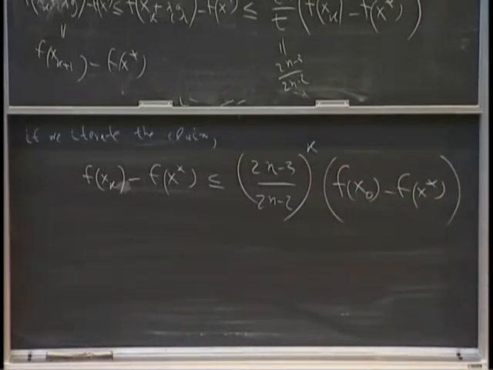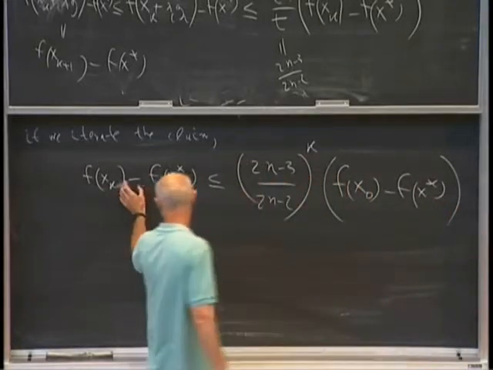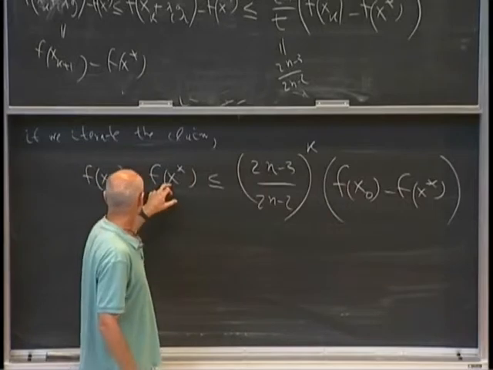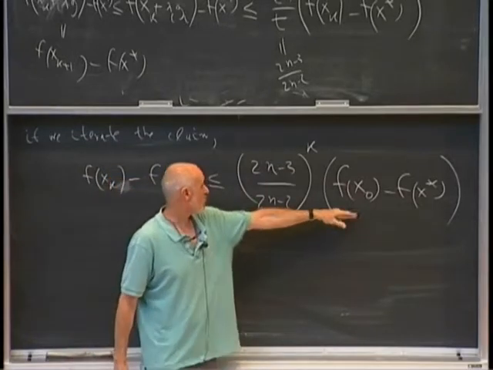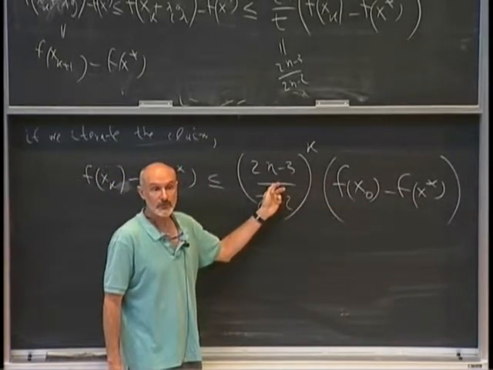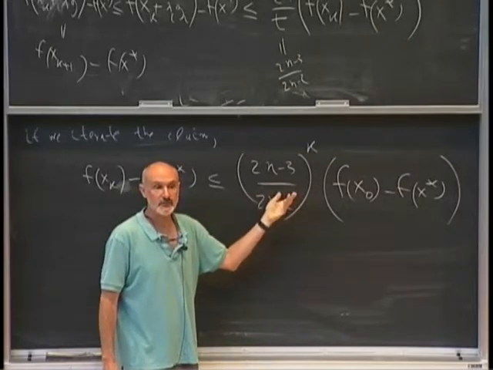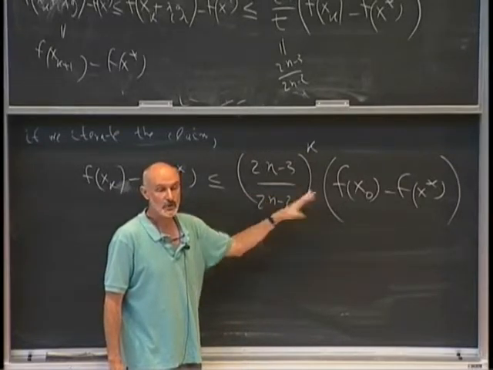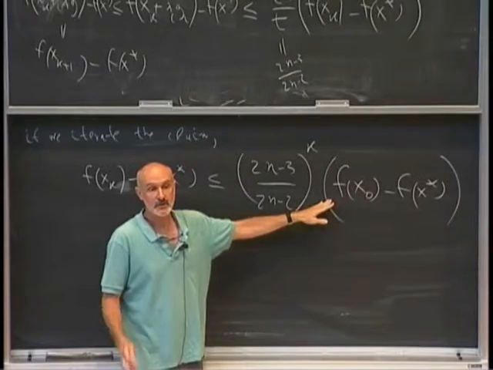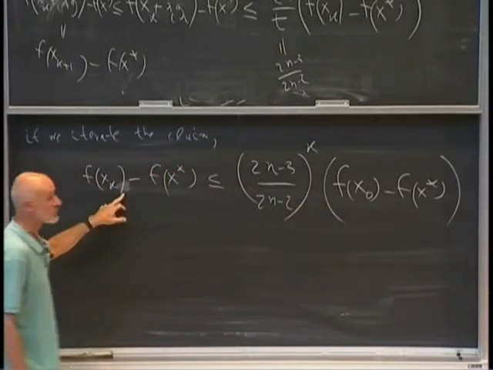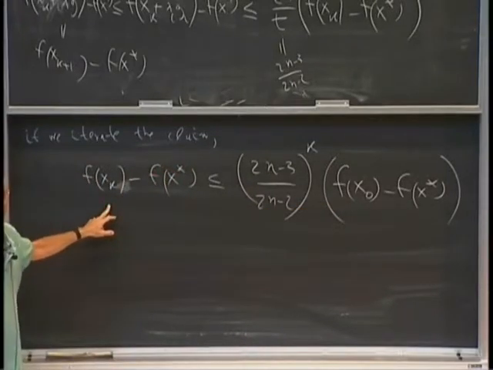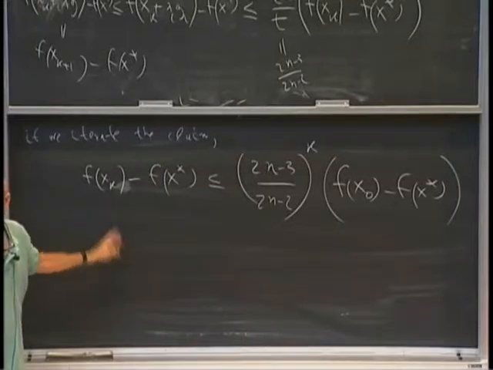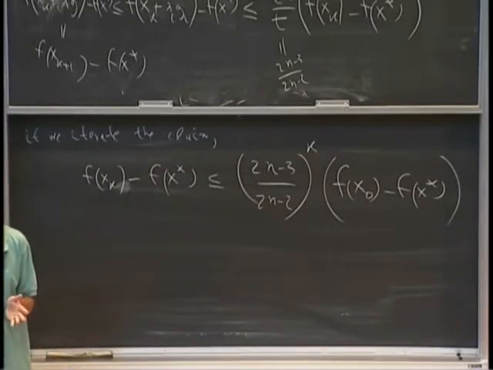So if we iterate this factor decrease, then after k iterations we are that close to the optimal value. Now if you choose k large enough, you can make this, let's say, a half. So if this is a half, what can we say about this? They have to be equal because they're integer valued. Here we use the fact that they're integer valued.